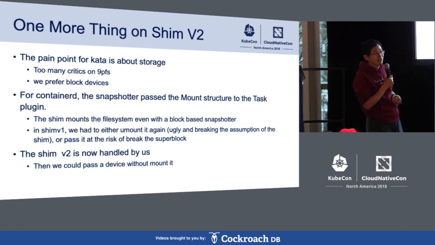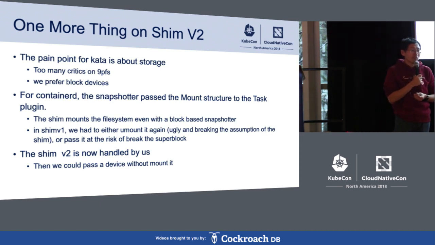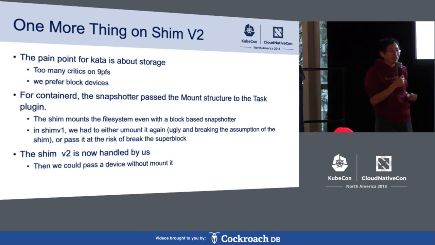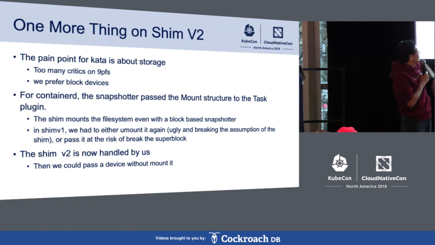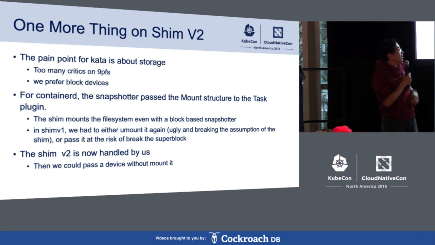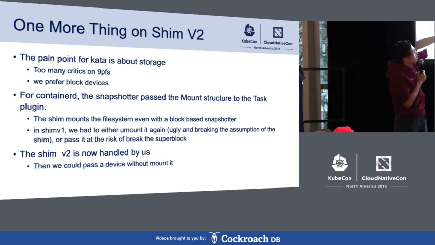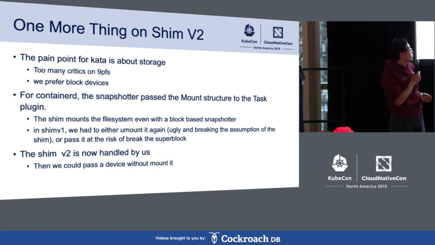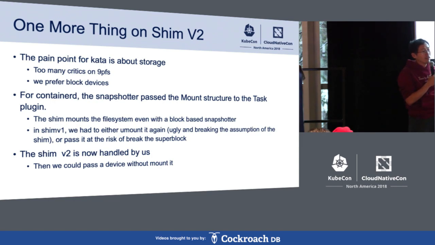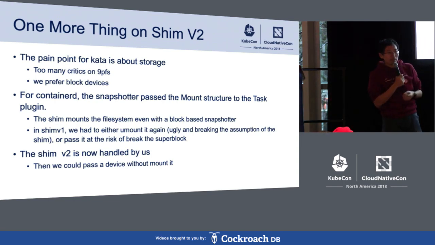That's the worst thing. So there's no clean and good implementation for this case. But in shim v2, now we can handle the storage by ourselves. The mount is passed to shim v2, and shim v2 can decide to mount it or not. So if it's a block, we can just pass the block to the VMs. Then this makes things better.